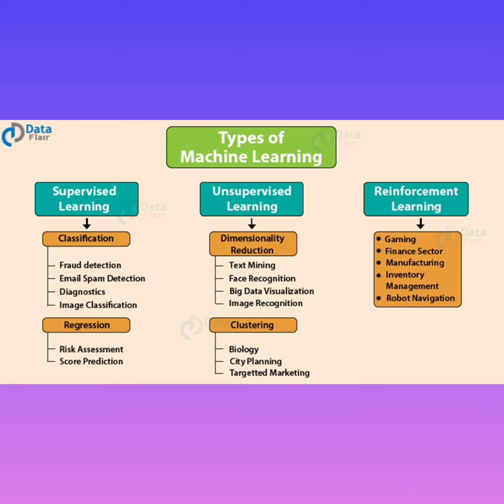Unsupervised learning: dimensionality reduction, text mining, face recognition, big data visualization, image recognition. Clustering: biology, city planning, targeted marketing. Reinforcement learning: gaming, finance sector, manufacturing, inventory management, robot navigation.